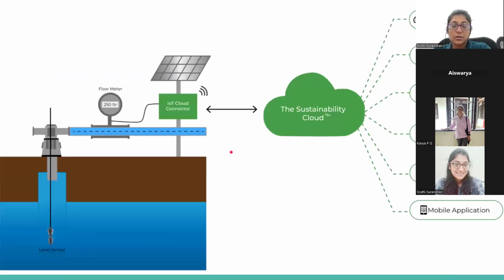The groundwater monitoring telemetry system set up by the CGWA is something of this sort. They have a mechanism to measure the flow rate of the groundwater being extracted, and it is connected with an IoT system that sends the reading to a cloud, and based on that, monitoring is done.